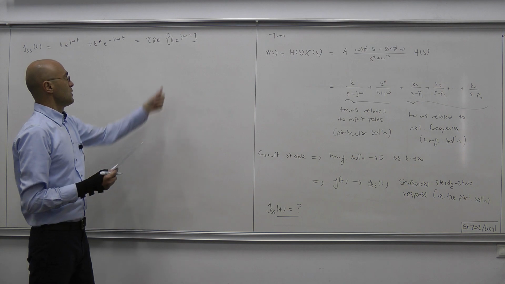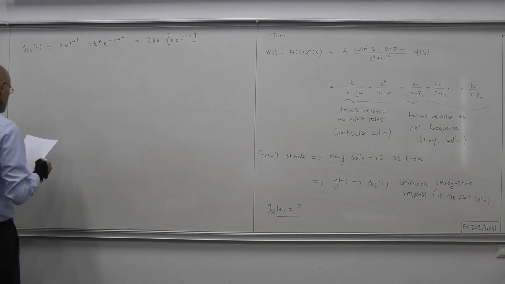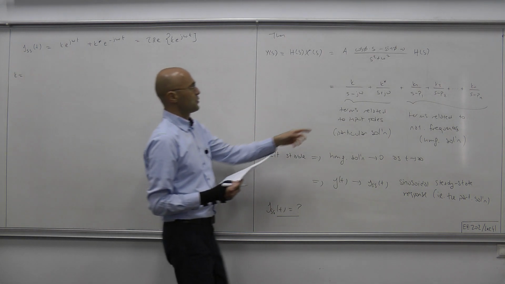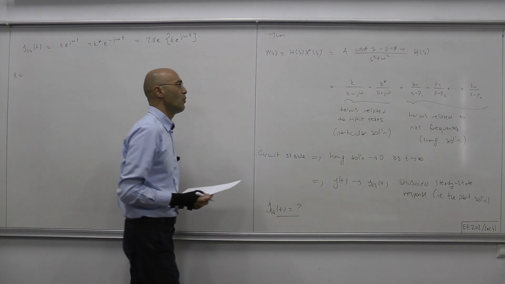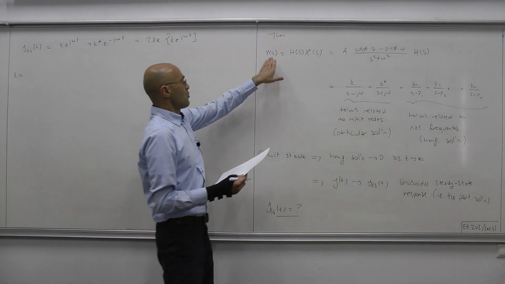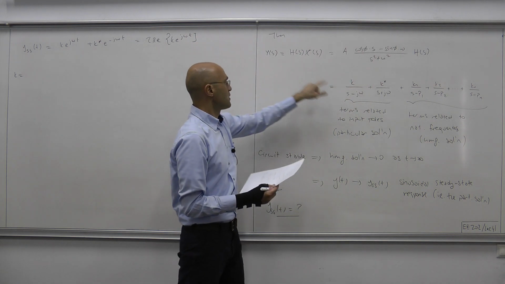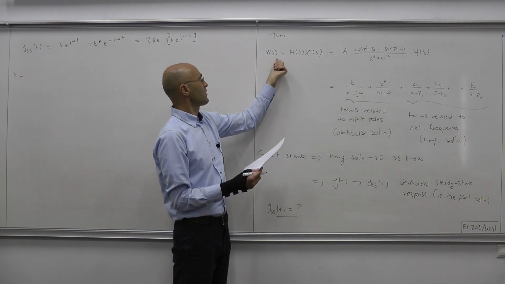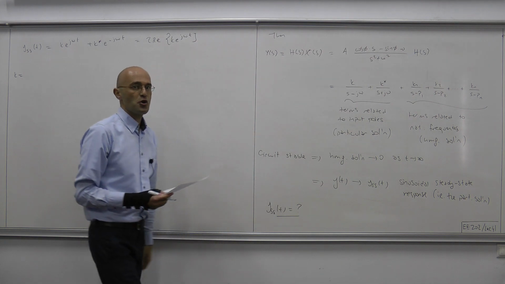Okay, so let's try to figure out what k is. So k is the residue corresponding to the term or the pole at j omega. So y of s equals that. How do we find the residue? We multiply both sides by s minus j omega, and then we evaluate Y(s) times s minus j omega at s equals j omega.